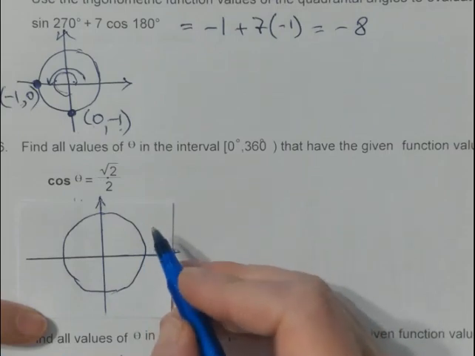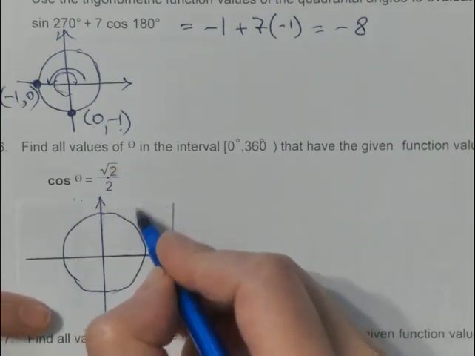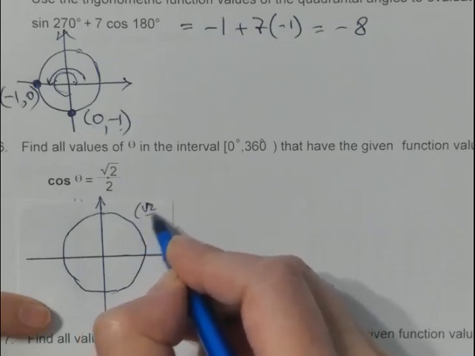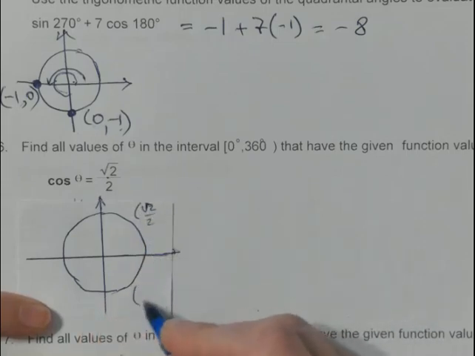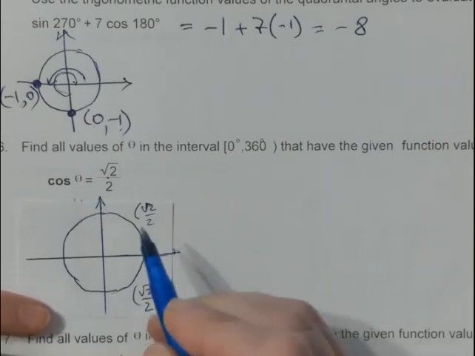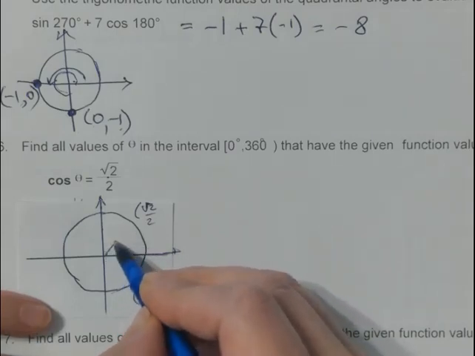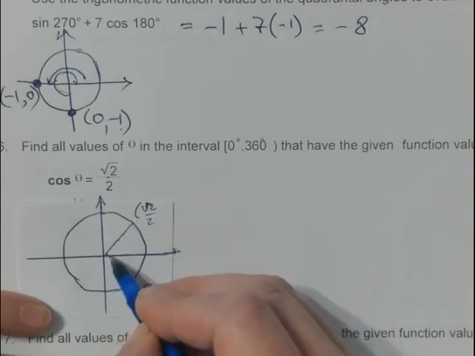Find the point with the x component square root of 2 over 2. Square root of 2 over 2, both positive, so there will be angles in the first and in the fourth quadrant.